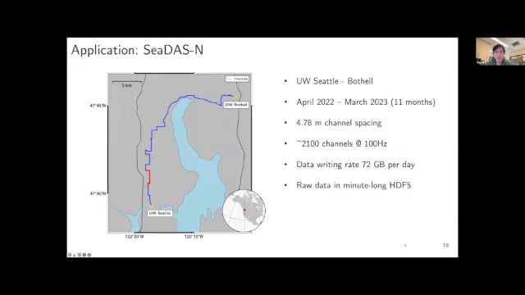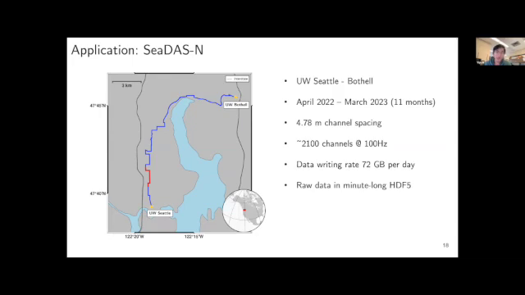So to showcase our platform, we use another dataset from a dark fiber connecting the UW Seattle and UW Boston campuses. The cable goes directly into the Atmospheric and Geophysical buildings on the Seattle campus and is connected to a DAS interrogator. The experiment lasted for 11 months, beginning April 2022, and about 2,100 channels are evenly distributed along a 10-kilometer segment.